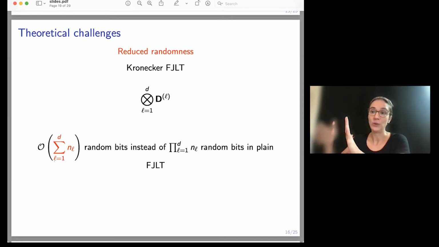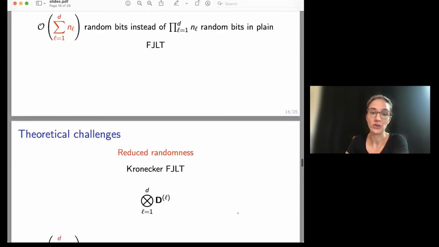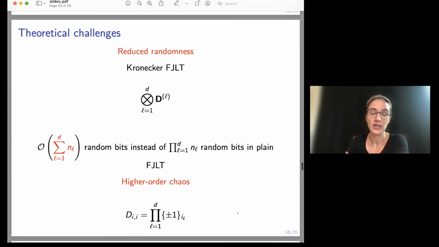And then we have basically a Kronecker product of these random bits when we consider the sketch. Compared to having a total of basically big N random bits, we have much fewer. So we should expect that if there is a Johnson-Lindenstrauss embedding property for this type of matrix, it's not going to be as strong. It's going to degrade with the degree D.